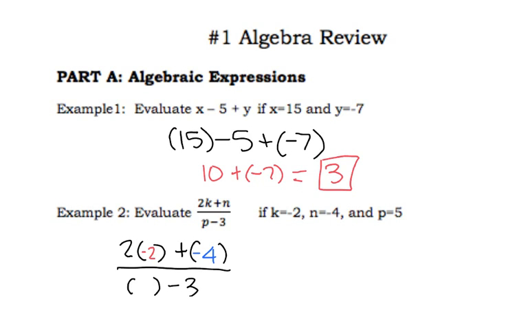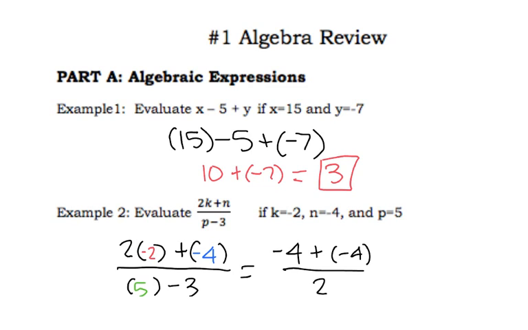And they tell us that p is 5. All right, so let's remember order matters. 2 times -2, -4 plus -4, divided by 5 minus 3 is 2.